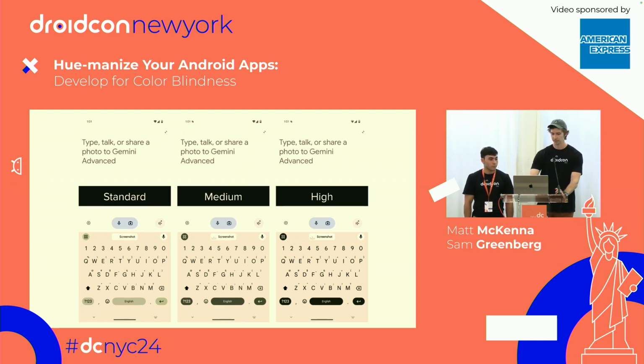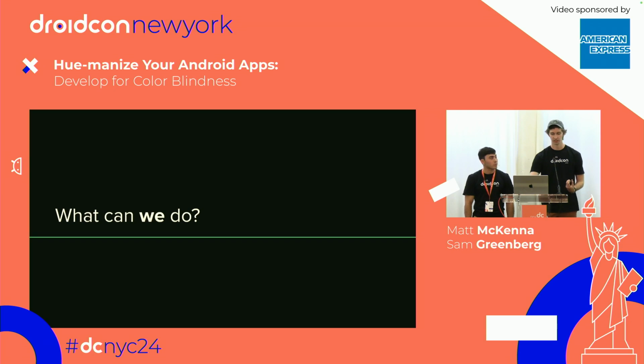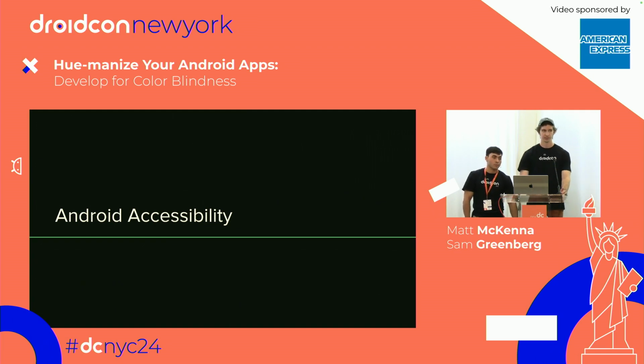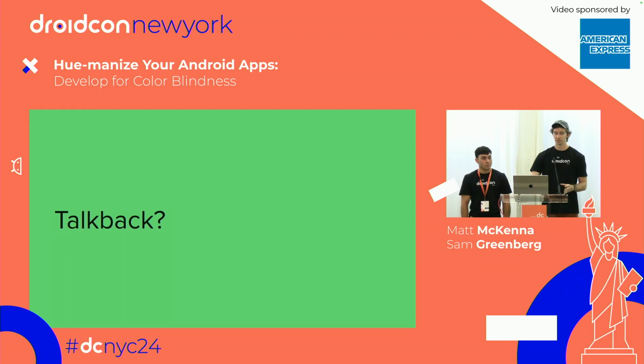Before we get to that, we can talk about what we can do as developers to keep some of these things in mind in our day-to-day practices. Typically, when we think about Android accessibility and vision accessibility, we immediately go to TalkBack. And for colorblind users who can still see, TalkBack is not a good solution for them.